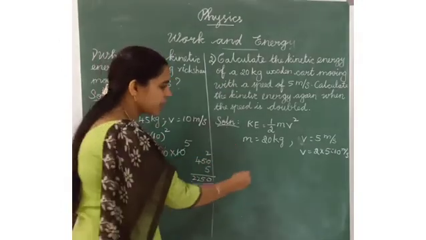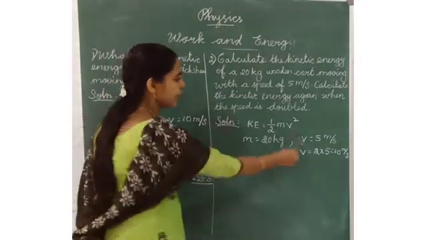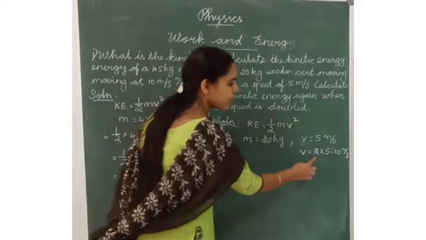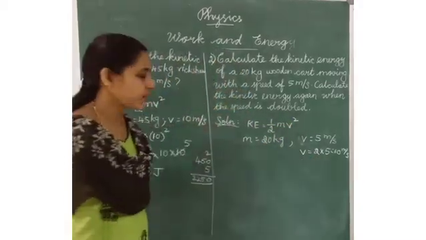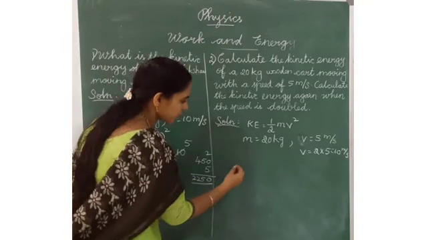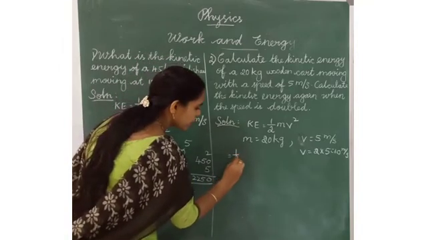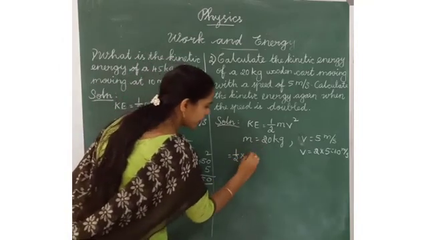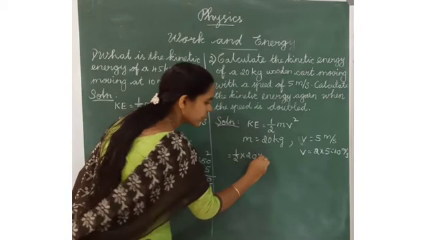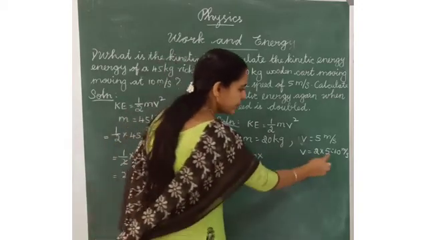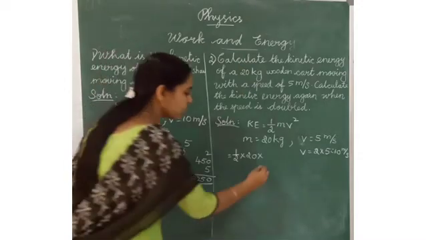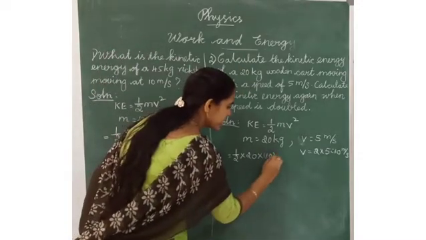Listen here. Now we have to substitute this value, because the speed is doubled. 1 by 2 into m is 20 into v, 10 square.